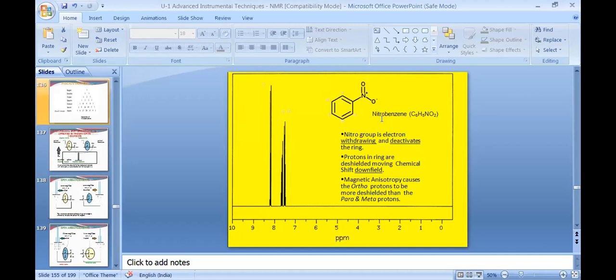Can you see this screen? Is it audible? Yes, sir. Yeah. In nitrobenzene, again the nitro group is an electron withdrawing group and deactivating group. Protons in the ring are deshielded, moving the chemical shift downwards, and the magnetic anisotropy causes the ortho positions to be more deshielded than the para or meta protons. See this.